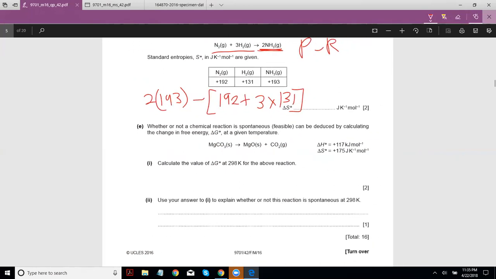We need that value. I'll pop it into the calculator: 192 plus 3 into 131.